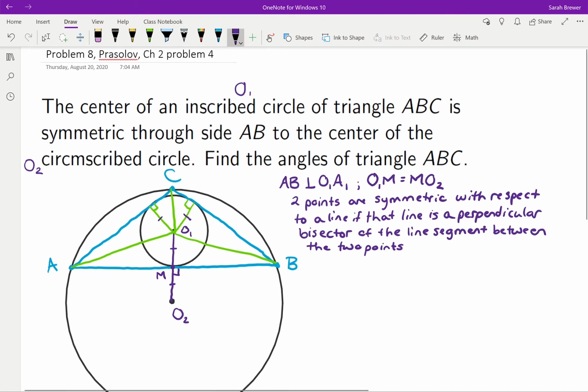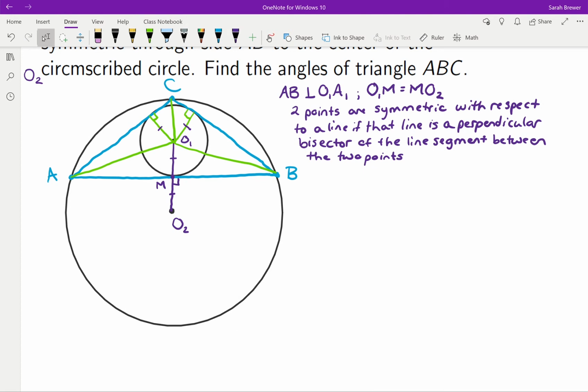So I'm going to draw a couple more things here, and then make some equations that we can use. I'm also going to draw a radius of my larger circle here. It might look like O2C is a radius of that larger circle, but it's not necessarily here. And then I'm going to extend that so that this is a diameter.